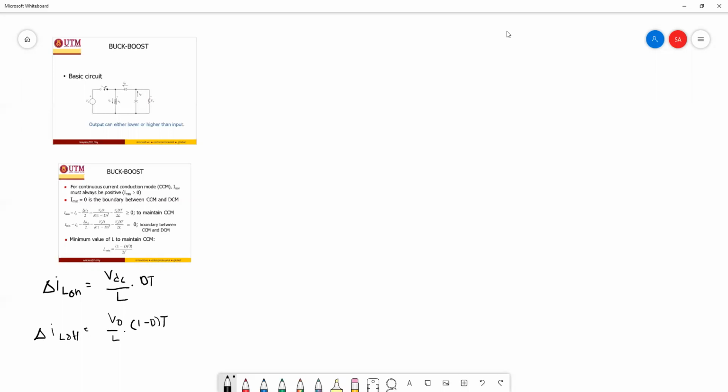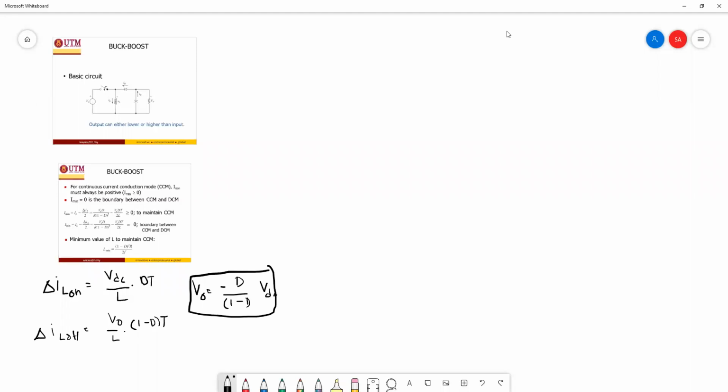We also have the equation that relates the input and output, which is negative D over 1 minus D, V DC. This is the equation that we have already derived from the previous analysis.